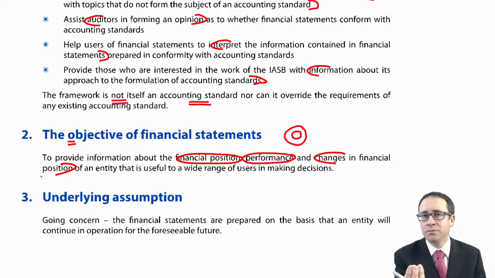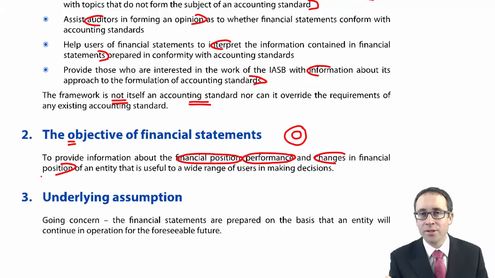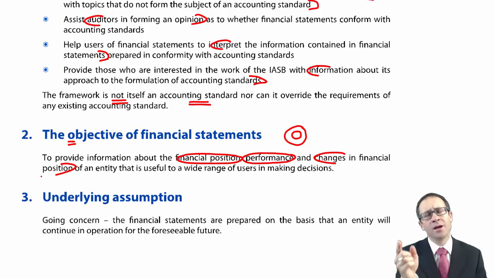If you think about your position, it's the statement of financial position, which is the assets, the liabilities, and equity. So we need to look at the movement in the assets, the movement in the liabilities, and the movement in equity. Okay, don't think that the change in financial position is provided by the statement of changes in equity, because that just looks at one specific balance, doesn't it? The movement in the equity balance.